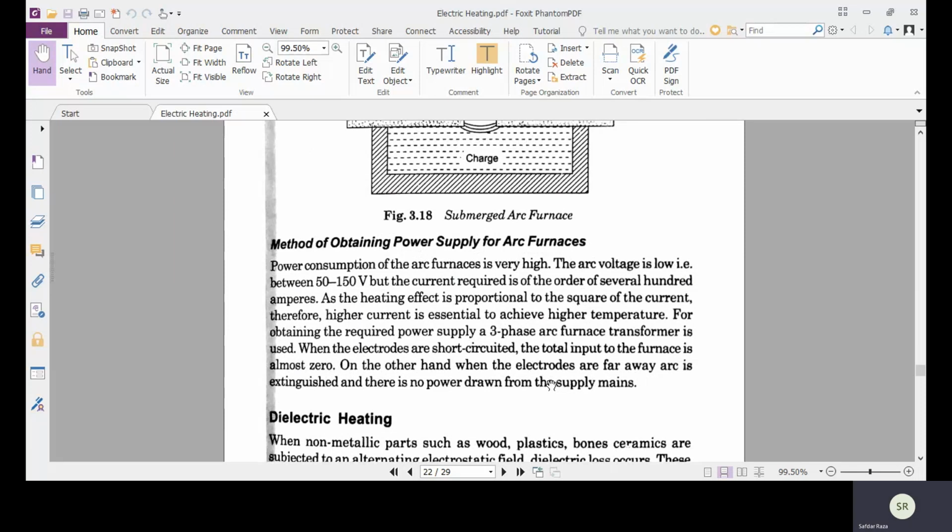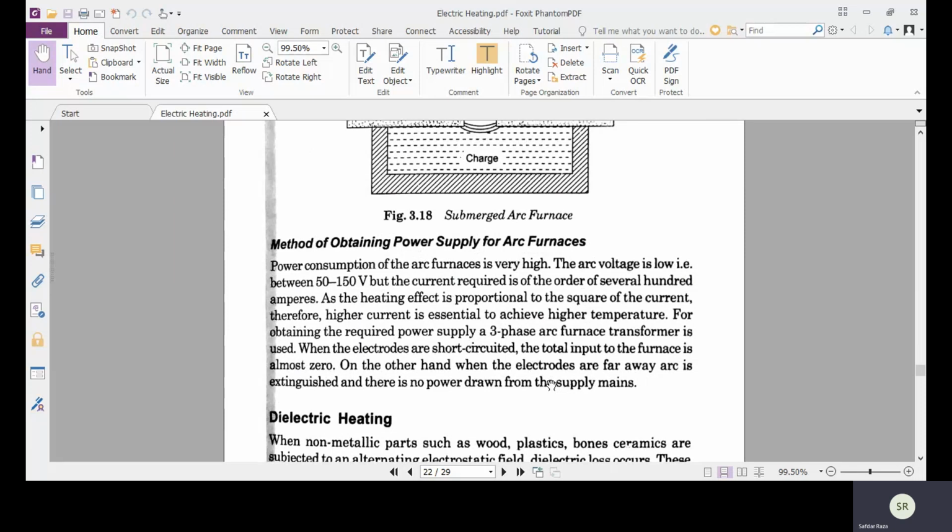After this, we discussed the advantages, disadvantages and uses of eddy current heating. After this, we moved to the new topic, electric arc heating. We have discussed the different ways of producing electric arc heating.